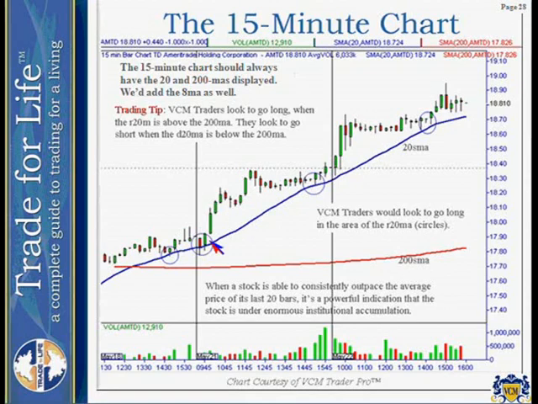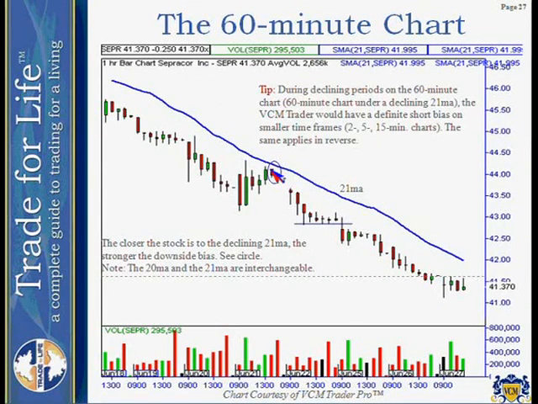So, for instance, when the 15-period moving average is at or near its rising 20, extra kick. The 15-minute chart is at or near its 20, extra kick. You're going to get extra kick in your plays if and when the 15 and 60 are at key areas.